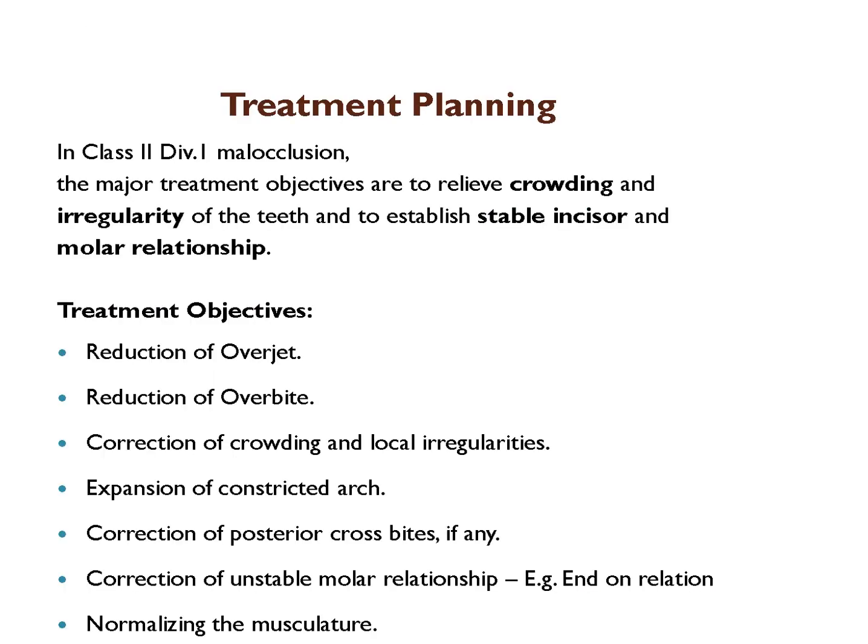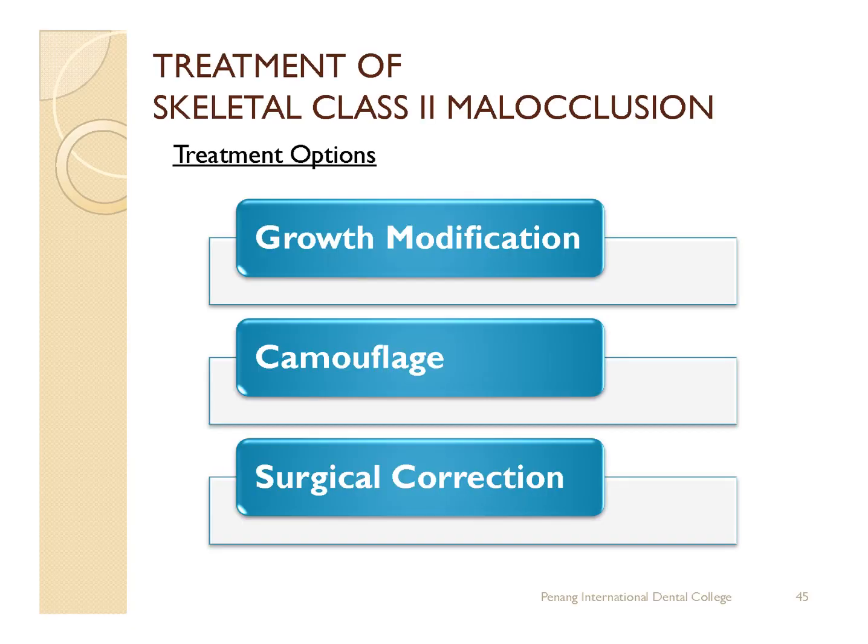So the treatment planning definitely depends on reduction of the overjet, overbite, correction of crowding, expansion of constricted arch, correction of posterior crossbites, if there is an unstable molar relation, for example end-on, and normalizing the muscles, right?